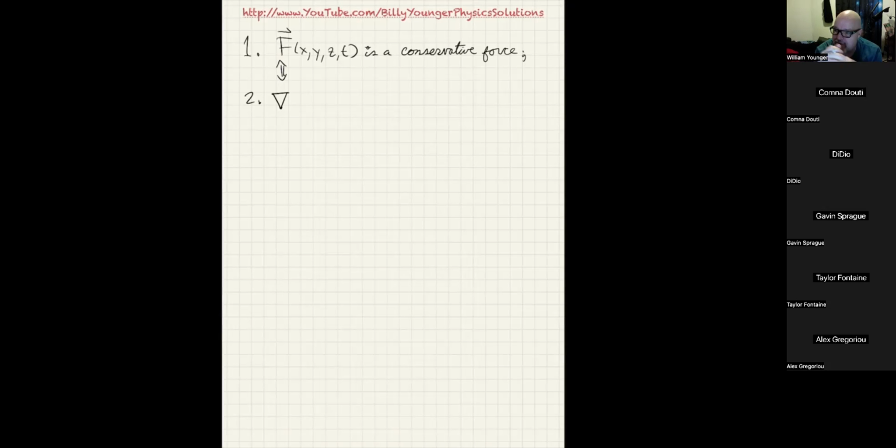And then I'd say plus j hat, and then take the partial derivative again of nothing with respect to y. And then I'd say plus k hat times the partial derivative with respect to z of nothing again, because it's all meant to act on whatever's to the right of it. That's the gradient operator.